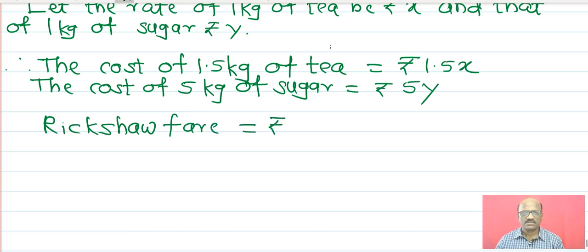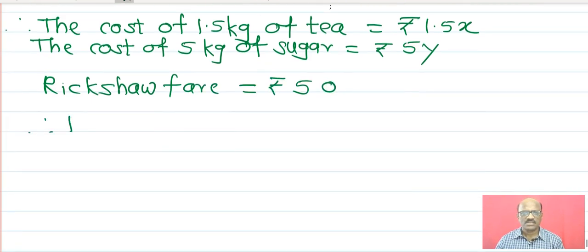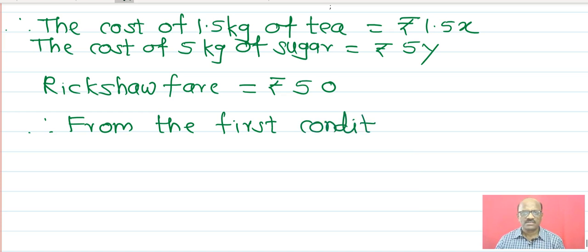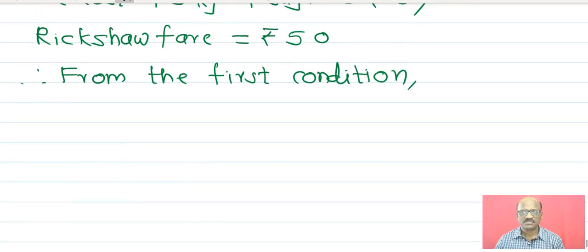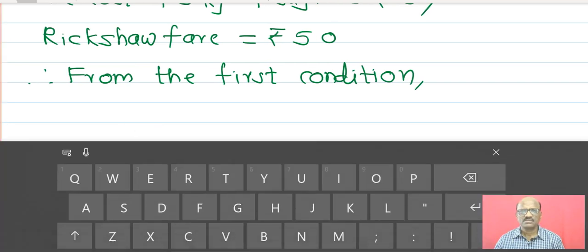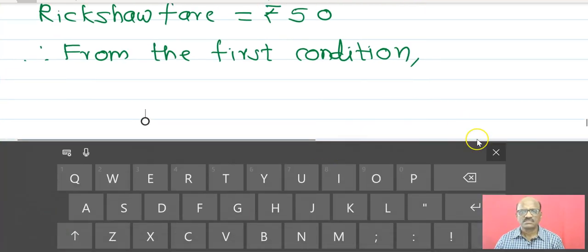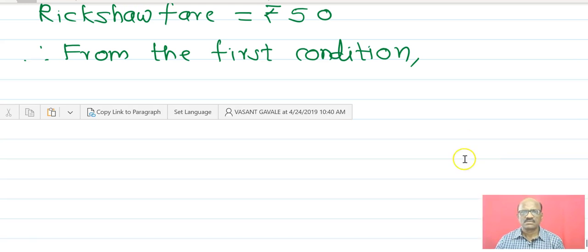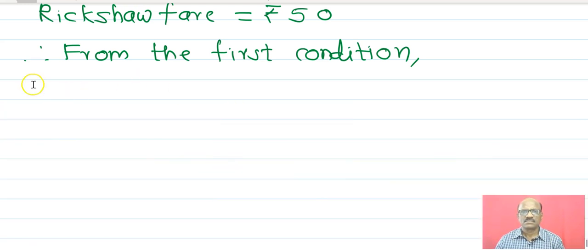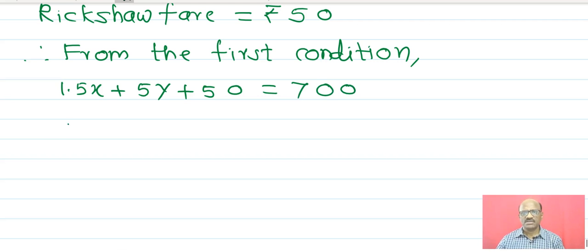Therefore, extra fare, that is 50. Therefore, from the first condition, 1.5x plus 5y plus 50 is equal to 700.